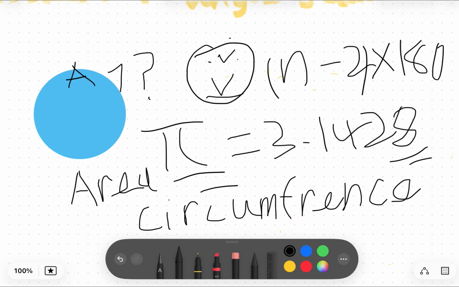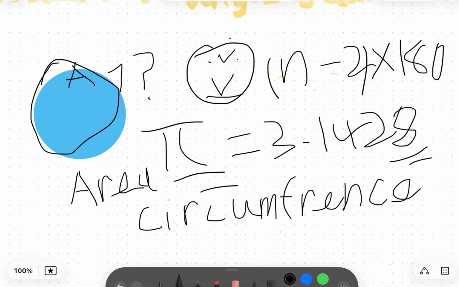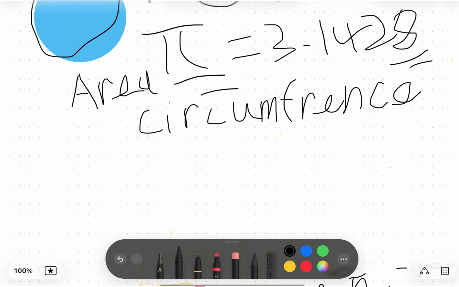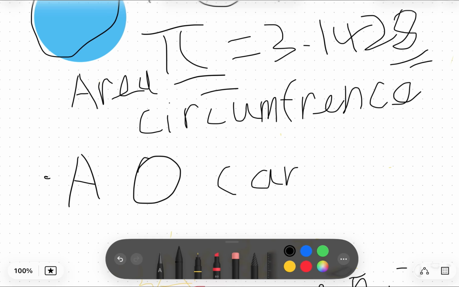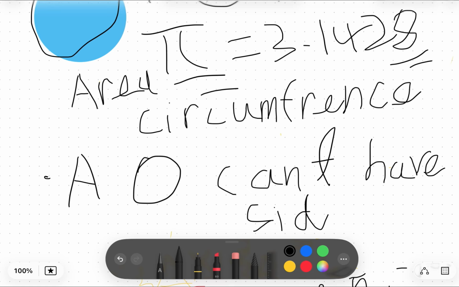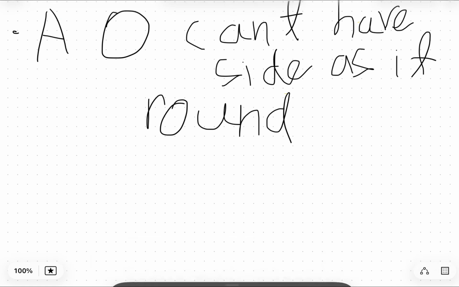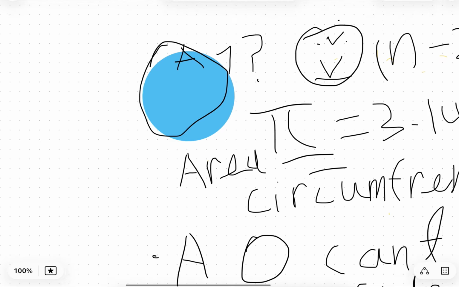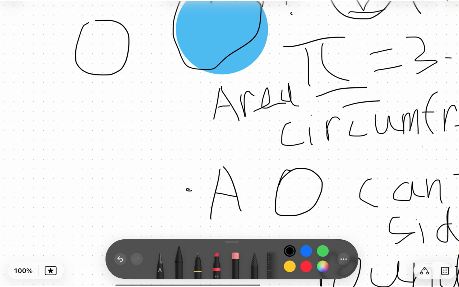That's a big no, because we don't have any pointy sides. One of the properties of a circle is that a circle can't have sides as it is fully round. Now note that this also applies for shapes like cylinders.